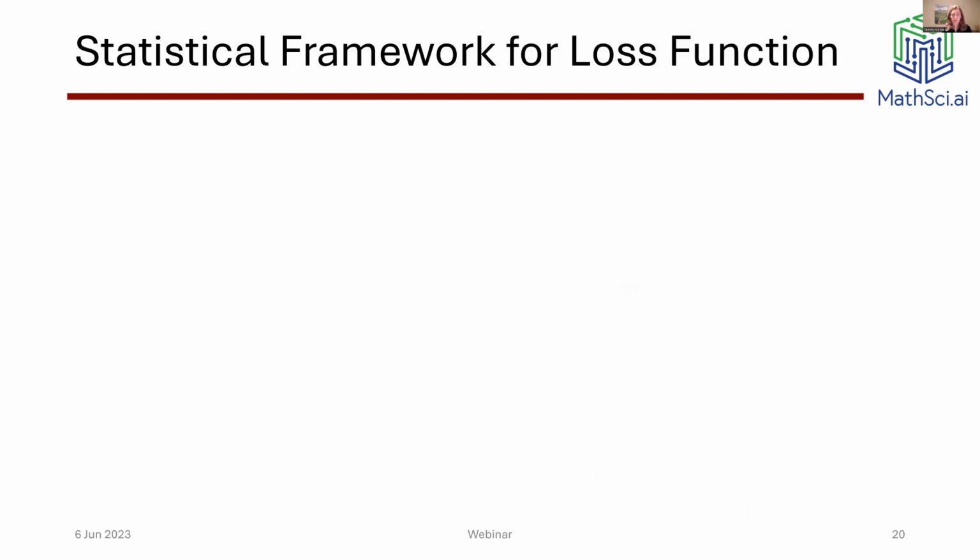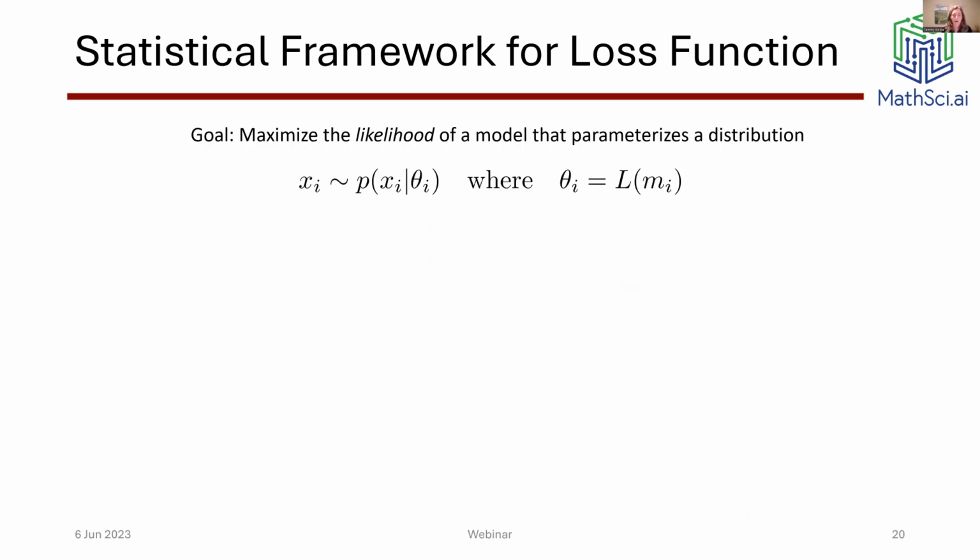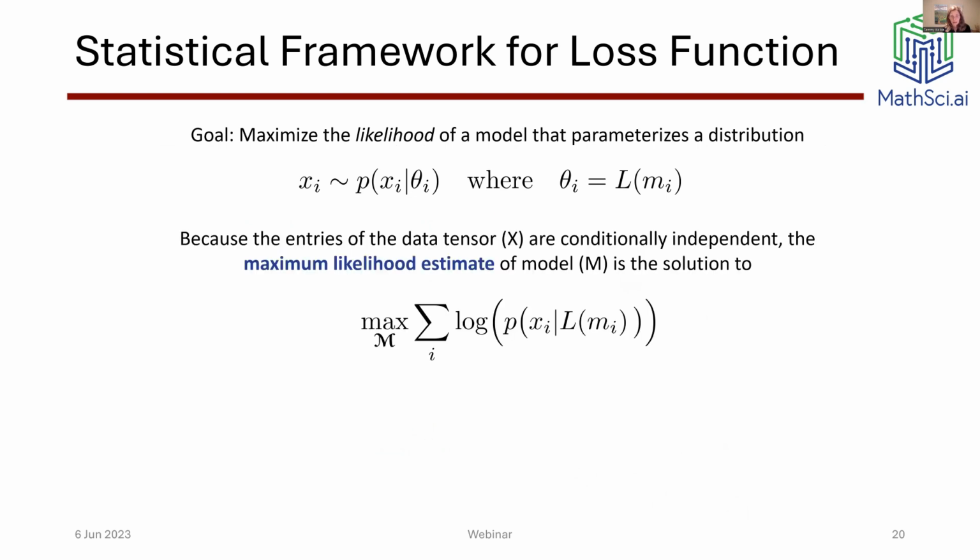All right, so the statistical framework for the loss function means that we take this setup. We have some probability distribution function and a link function. Then we're going to maximize the likelihood, so we take the maximum of the log of the probability distribution function evaluated at xi, and whatever our mi turns into when we put it through the link.